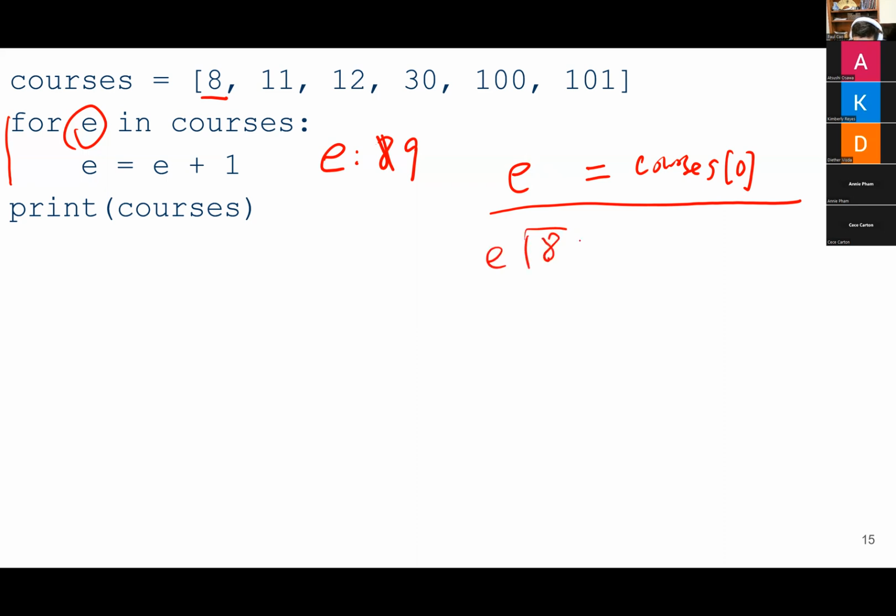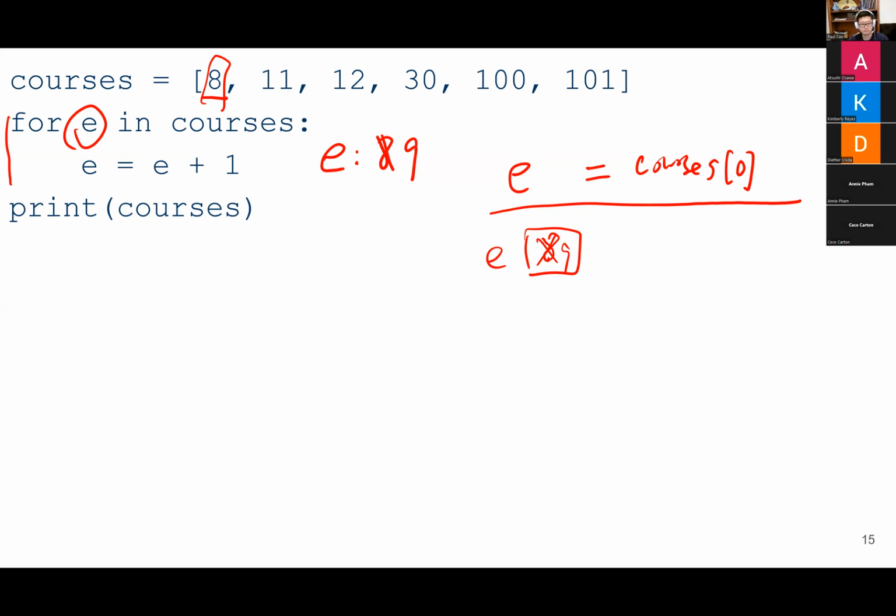You may change this E into 9 or anything, but the original data is not changed. In other words, you cannot use this for loop to change the list. So when you print out courses, it's still the same. That's why.